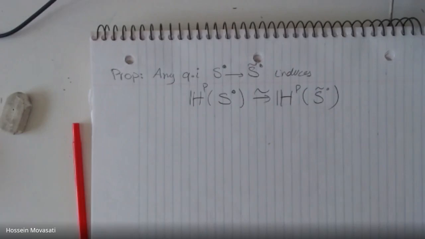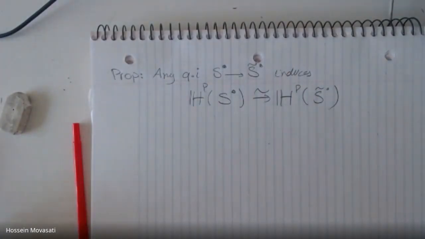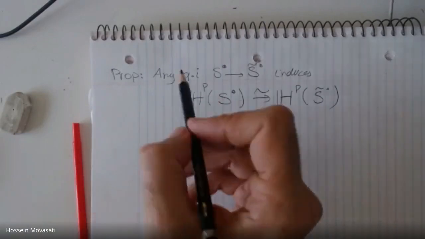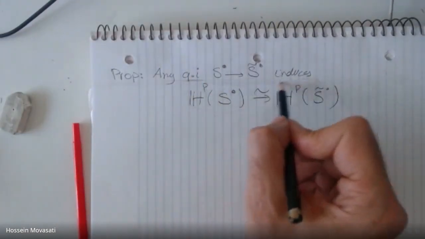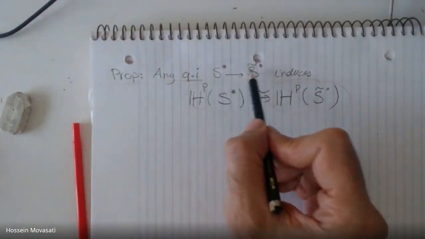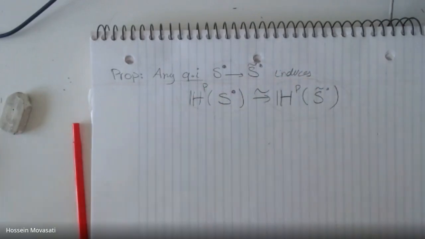Okay, again, this proposition is not difficult. It is really a direct consequence of the definition of quasi-isomorphism and the definition of the hypercohomology that we have done. So since I'm not going to tell the idea of the proof, just keep in mind that if you have a quasi-isomorphism of complexes, then in the hypercohomology they will be isomorphic.